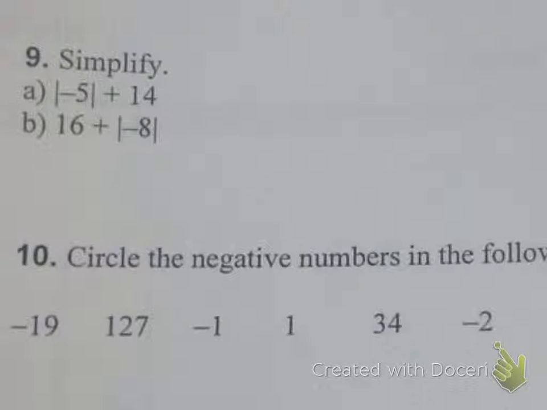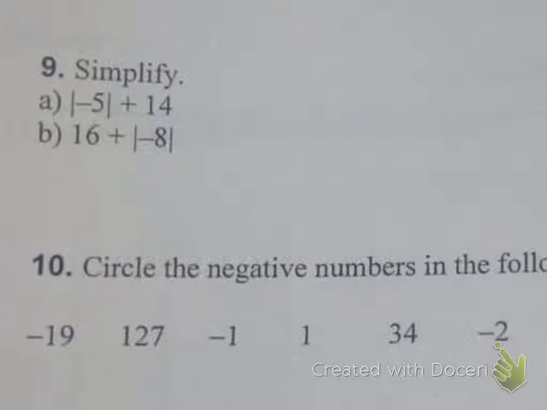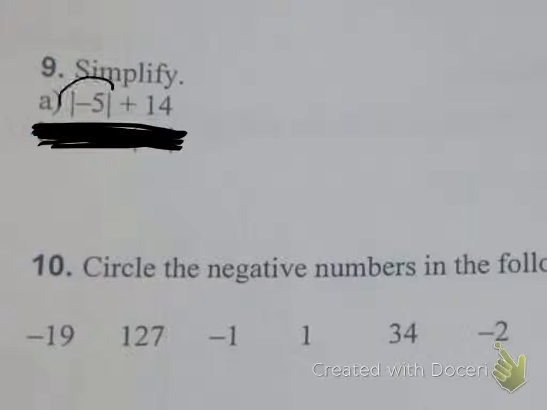For number 9, they want us to add these right here. So first of all, we're going to go ahead and see about just getting rid of this one. So just looking at the first one there, we want to simplify this. Now in order to simplify this, we have to get rid of these lines so that we can make that a number.